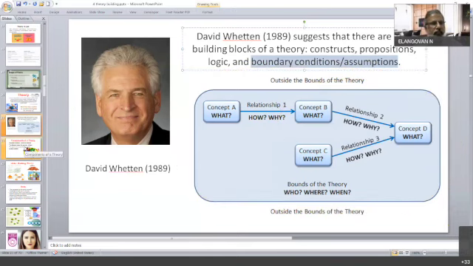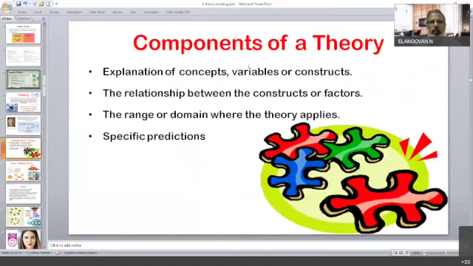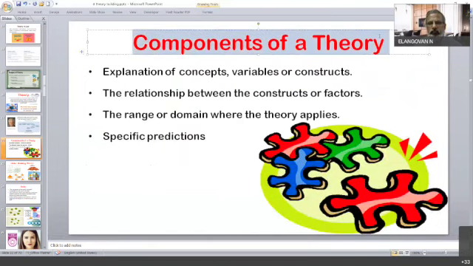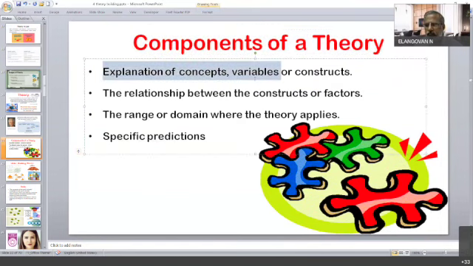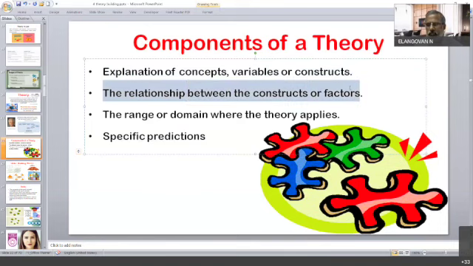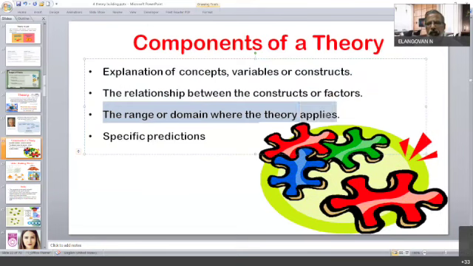So putting it again, components of a theory. The first one is the concepts, variables, or the constructs. The second one is the relationship between the constructs or the factors. The third one is the boundary or the domain or the range where this theory applies.